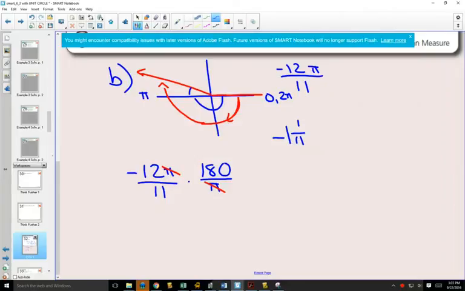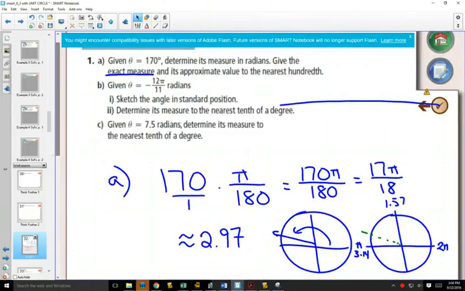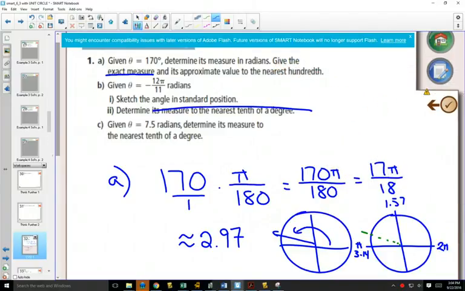And if we type this into our calculator, negative 12 times 180 divided by 11, we get approximately 196.4.